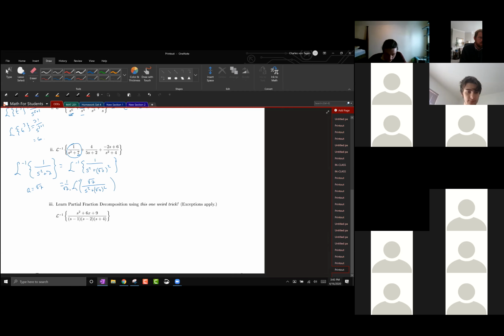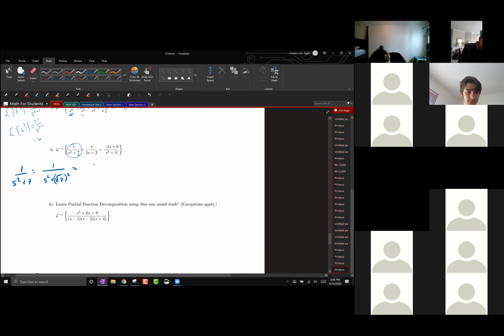If things are making sense, you don't have to change this. I'm going to take all the inverse Laplace notation out, and we'll worry about that in just a moment. So all I'm going to do is take 1 over s squared plus 7 and write it as 1 over s squared plus the square root of 7 squared.